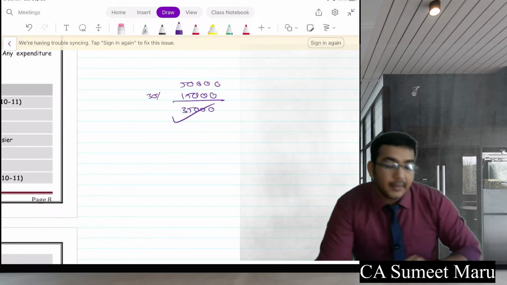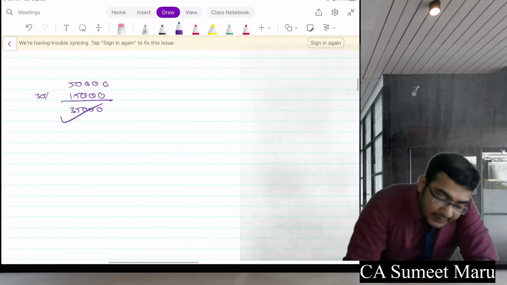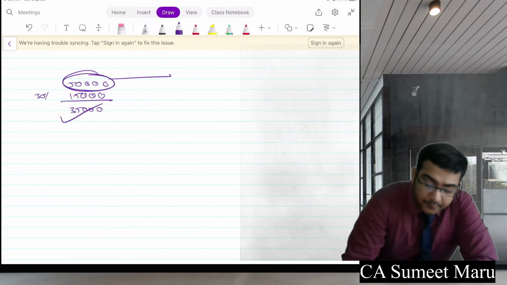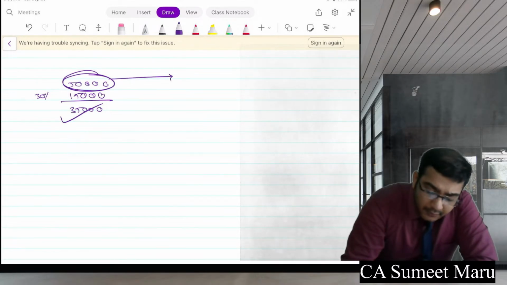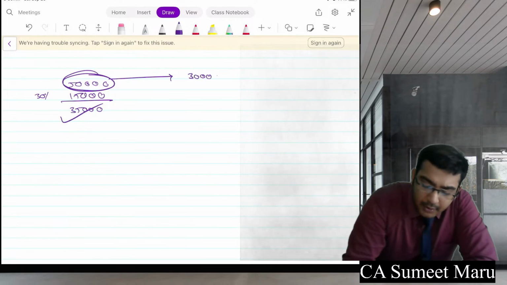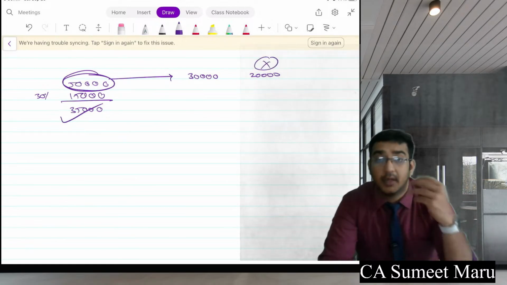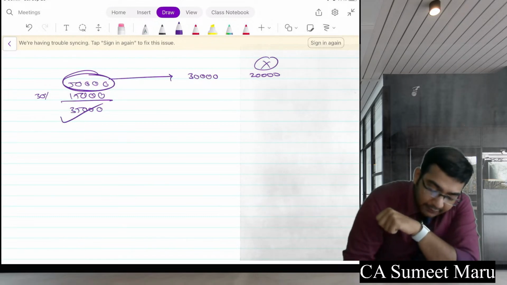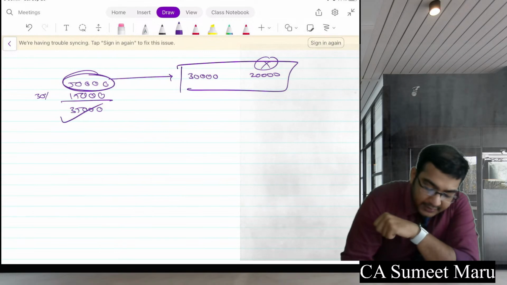Everyone clear? But there is an interesting condition here: when I was taking this as irrecoverable, say the government official allowed me only 30,000 as irrecoverable, and he said 20,000 is not allowed, sir. If this happens, in future, if you recover, say, from this 50,000, I have recovered, say, 30,000.